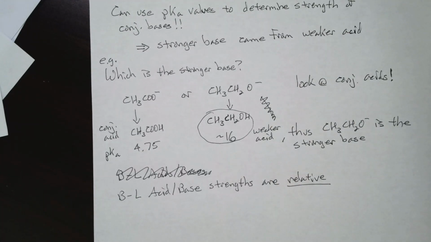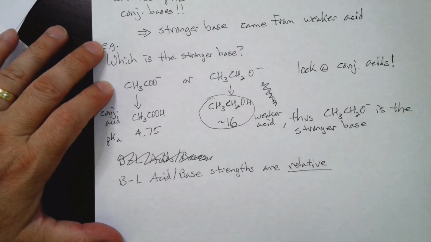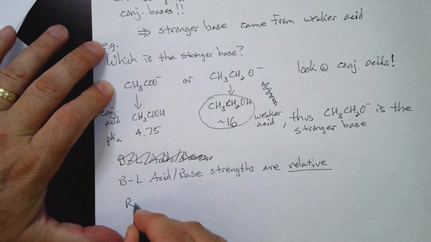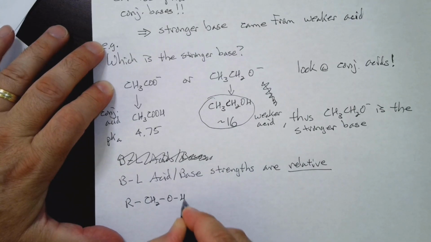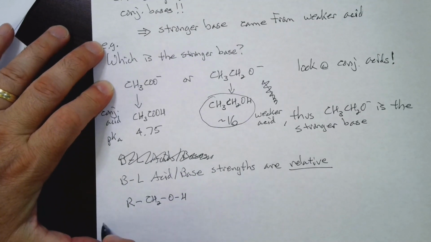There are some on the practice problems, but just as an example, we can take a look at an alcohol here. R is just some alkyl group. I'm going to call it a carbon chain.